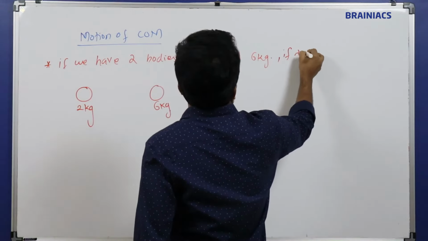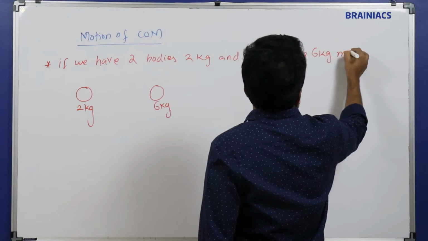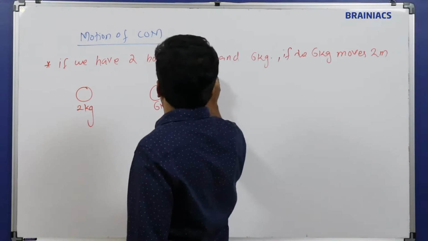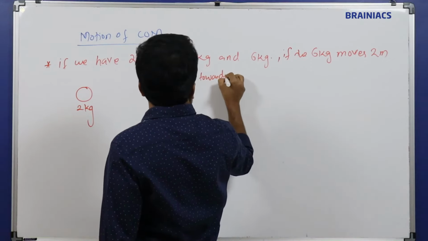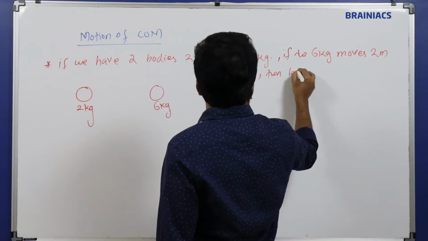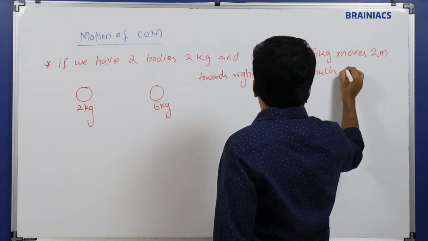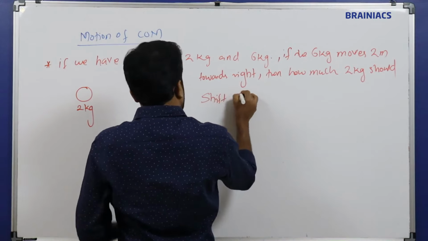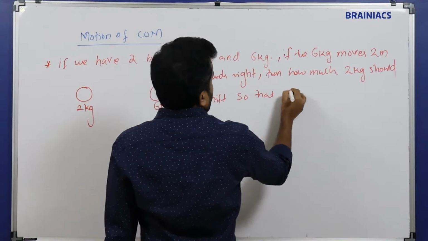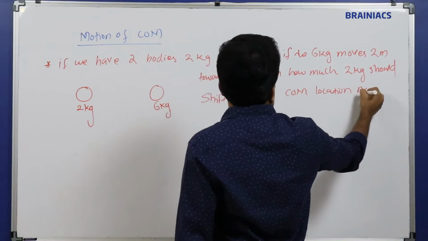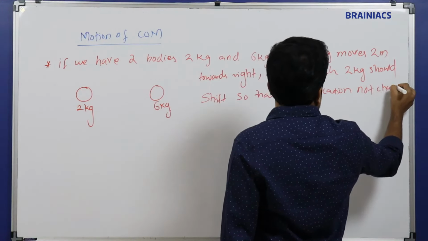If the 6 kilogram body moves 2 meter towards the right, then how much should the 2 kilogram body shift so that the center of mass location is not changing?